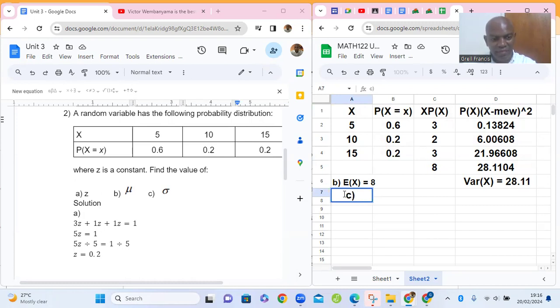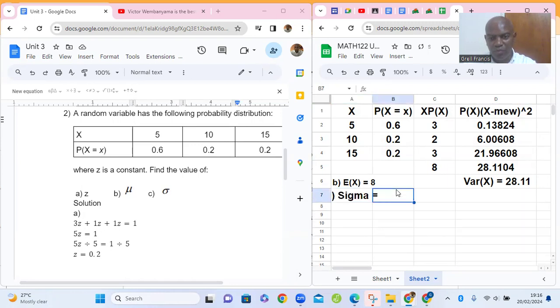is the standard deviation. Let's call this sigma is equal to. So we can do that right here. Actually, I can delete this 8 and use this cell. Just type the formula equal to C5, and then the 8 will come. So what I want to do here now, I want to square root.